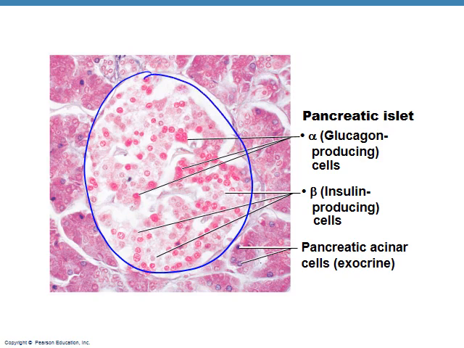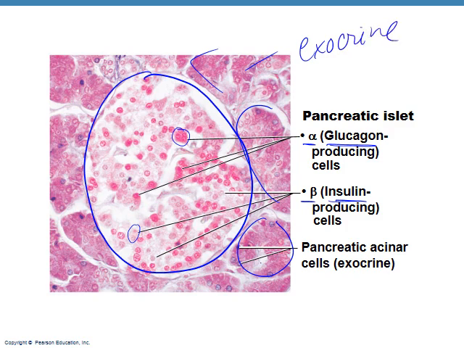And inside there, you're going to have the darker cells, which are the alpha, which make the glucagon. And then you're going to have the lighter cells, which are beta cells, and they produce insulin. Out here, all of this is all the exocrine. These are all the acinar cells. These are going to release digestive enzymes.